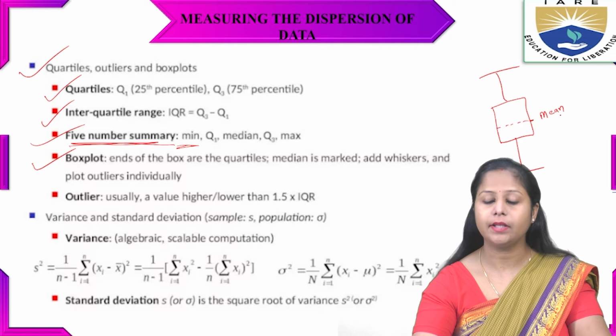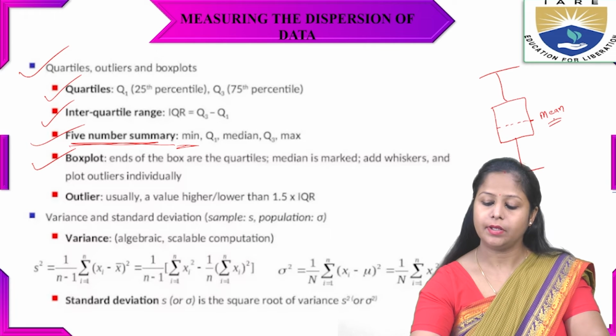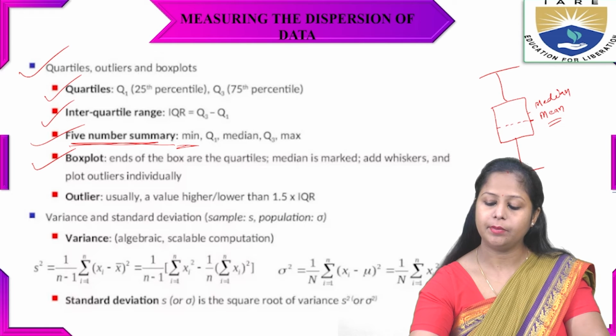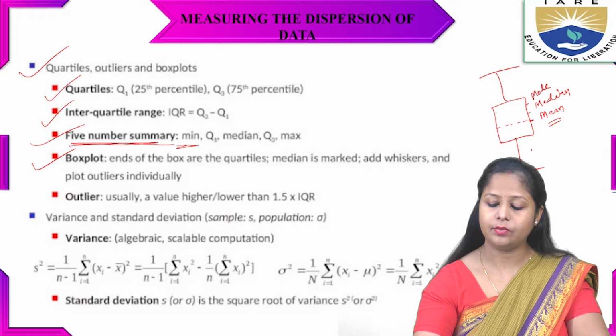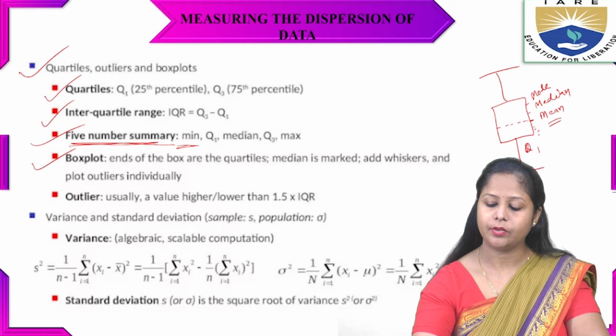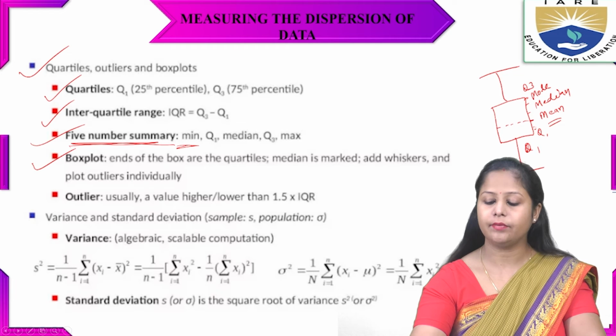It depends on the data where the mean exists, where the median exists. For example, if the mean, median and mode exist here, Q1 exists somewhere here, and Q3 exists somewhere here. So like that, the data will be dispersed.